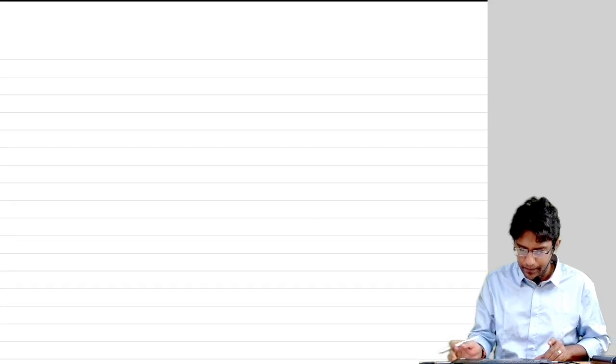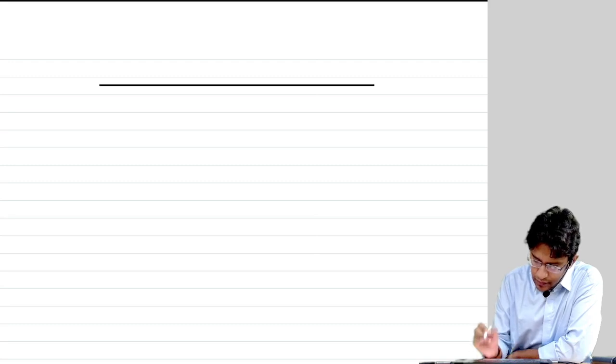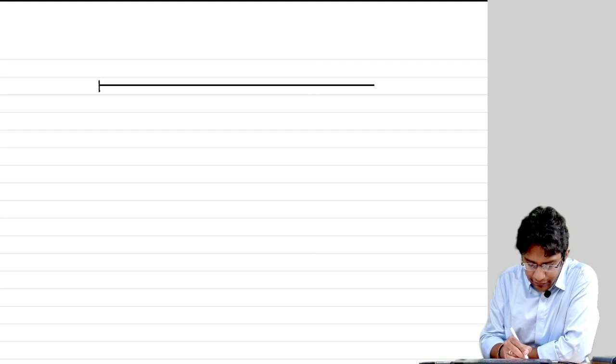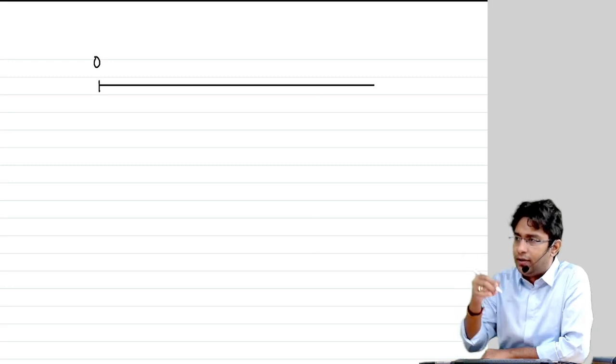So the concept of time value of money goes like this. Suppose, sir, this is my timeline. In the timeline, whenever I write 0, you understand that I'm talking about today, right now.